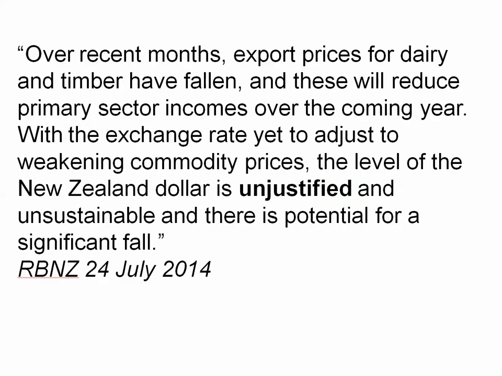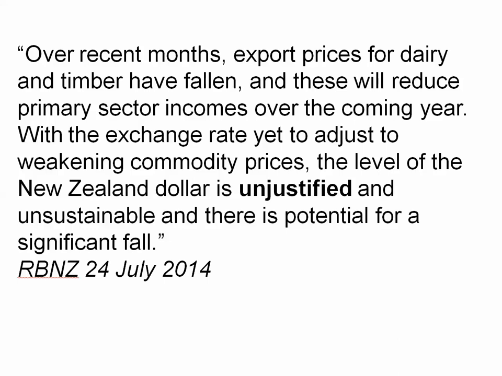Okay, here is an announcement, some text from the Reserve Bank of New Zealand from last week. And it reads, over recent months, export prices for dairy and timber have fallen, and these will reduce primary sector incomes over the coming year. With the exchange rate yet to adjust to weakening commodity prices, the level of the New Zealand dollar is unjustified, my bold, and unsustainable, and there is potential for a significant fall.